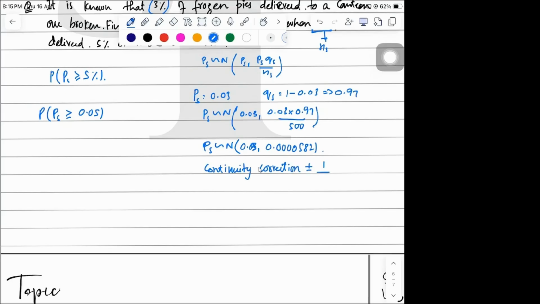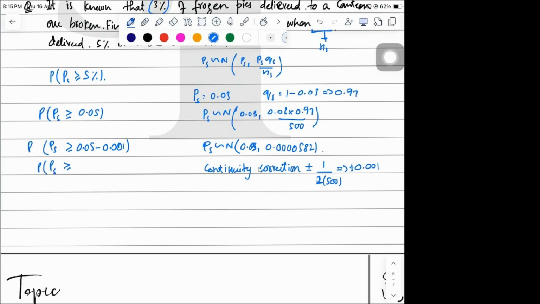It's a proportion, so the continuity correction for this one is 1 over 2n_s, which is 1 over 1000, meaning 0.001. So it'll be 0.05 minus 0.001, which is 0.049. That's correct.